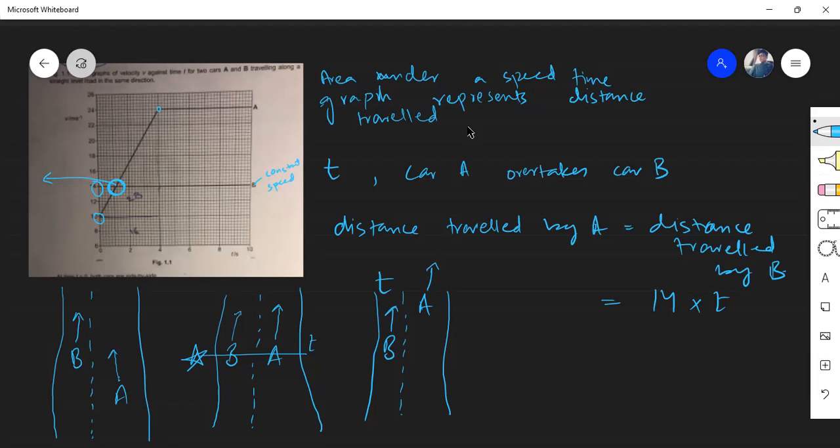The way we relate distance to a speed-time graph is through area, and not the y value or the x value. So this point only tells me that at this time t, the speeds of A and B are equal. This doesn't say anything about distance. We can find the area, and their distances will be different.